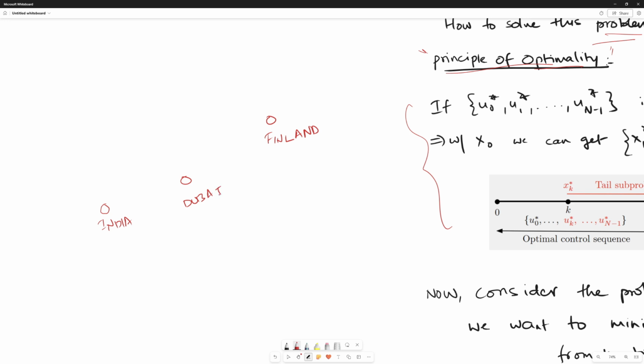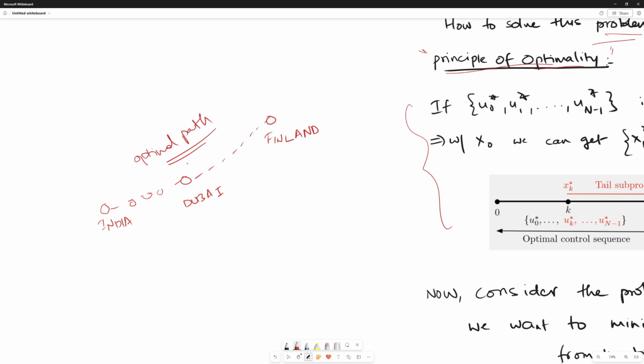Let's suppose the optimal path of going from India to Finland has some intermediate nodes, you go to Dubai, and then you go to Finland. Suppose this is the optimal path. I have computed the optimal path.